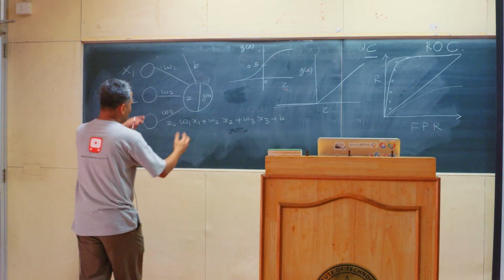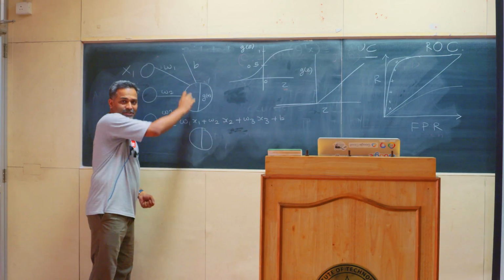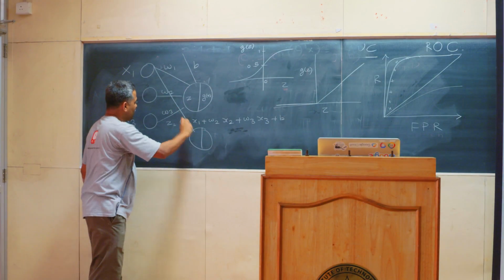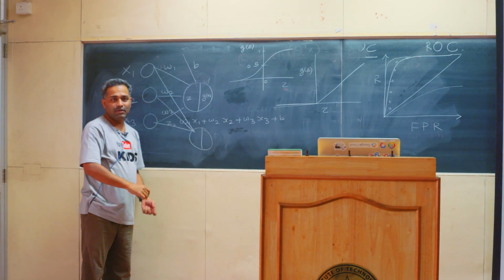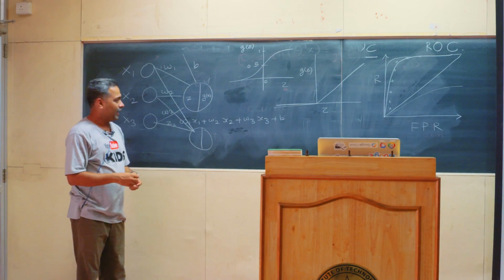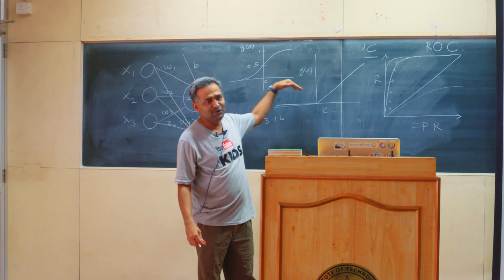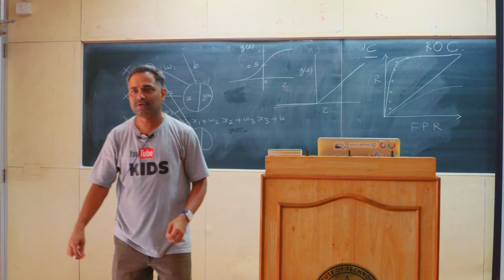Now we take such basic units. In the hidden layer, you have multiple such units, and each of your inputs is connected to them. That's why I say it's a stack of logistic regression models. Because we are using nonlinear activations, we are able to fit complex functions using a neural network.